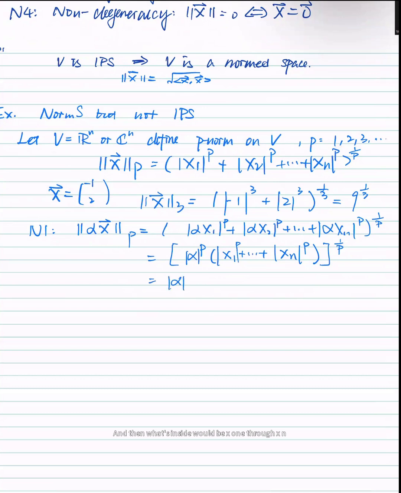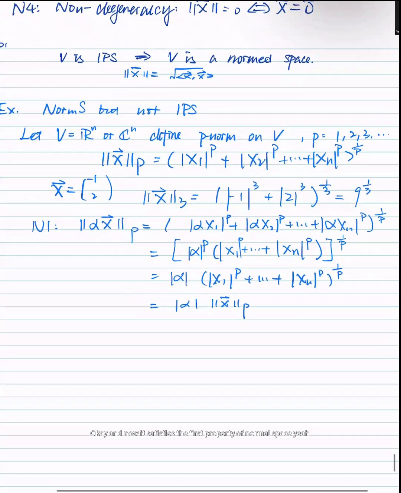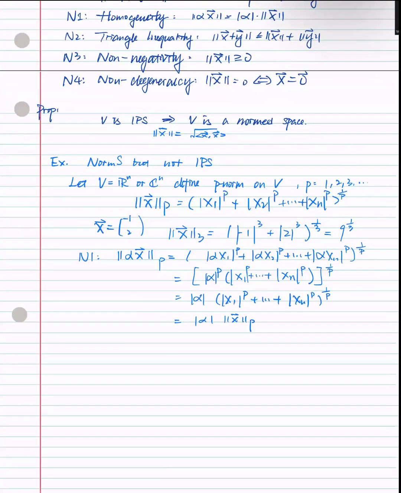What's inside would be x1 through xn. This is the definition of the p-norm, so this will equal alpha times the p-norm of x. Now it satisfies the first property of norm space.